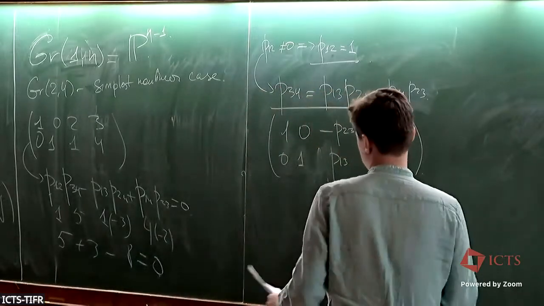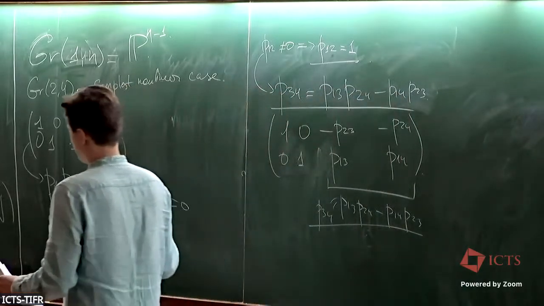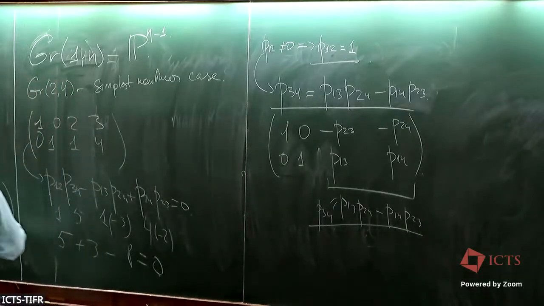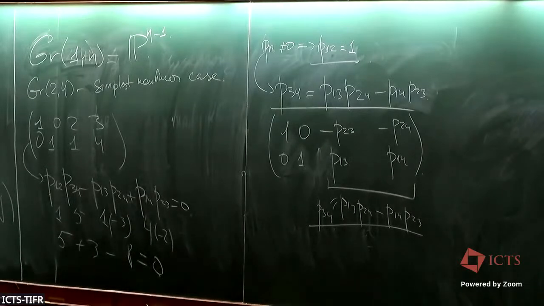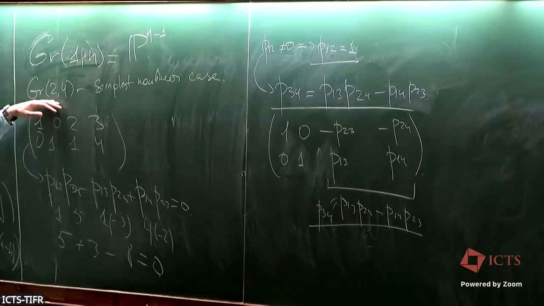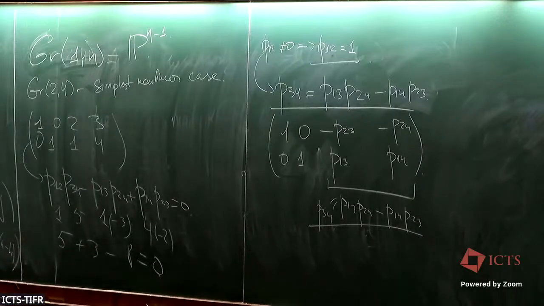So again, the Grassmannian lives here. The dimension of the Grassmannian is also a nice number. It's k times n minus k. So in particular, in this case, it's 2 times 2, it's 4, and it lives in P5, because this number is 6, and this number is 5.